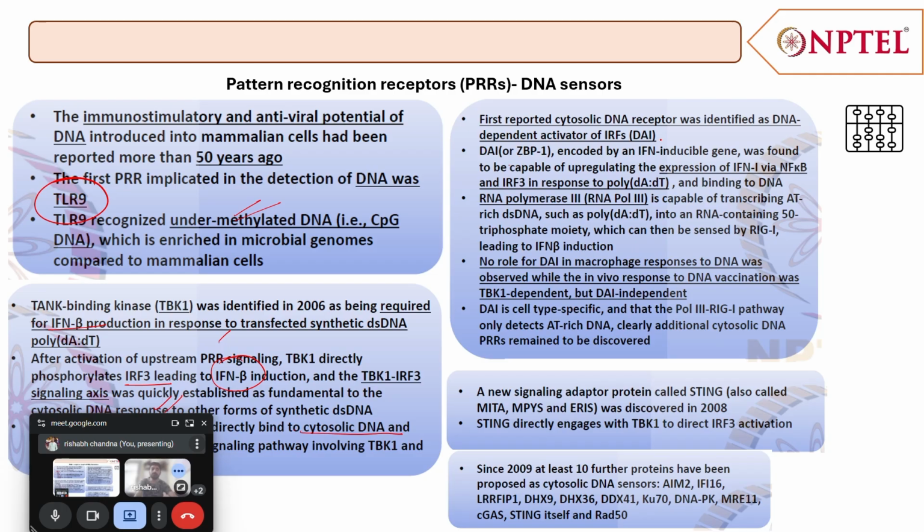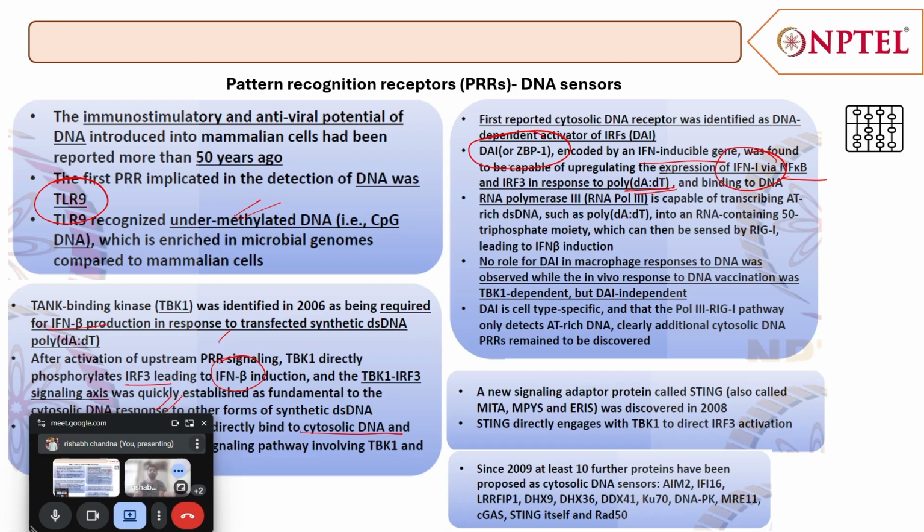It is encoded by an IFN inducible gene that was found to be capable of upregulating the expression of IFN type 1 via NF-kappa B and IRF3 in response to poly dA:dT. So the second DNA sensor is DAI or ZBP1.